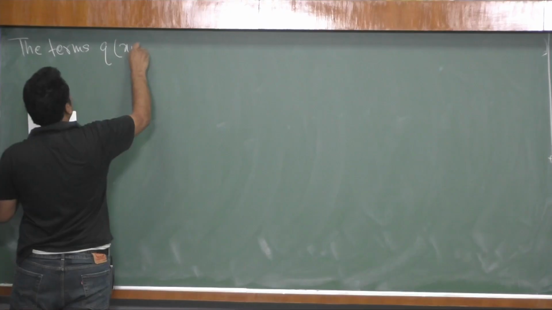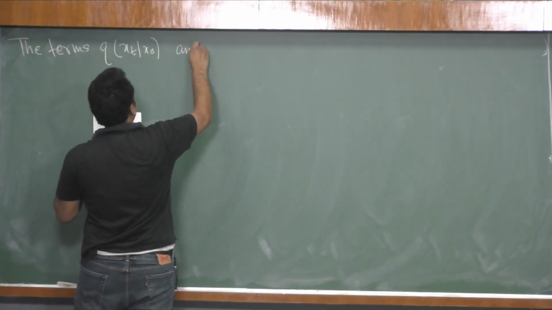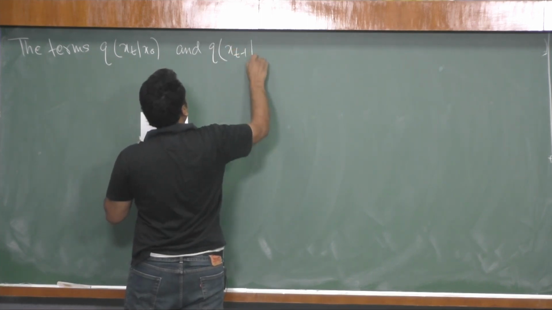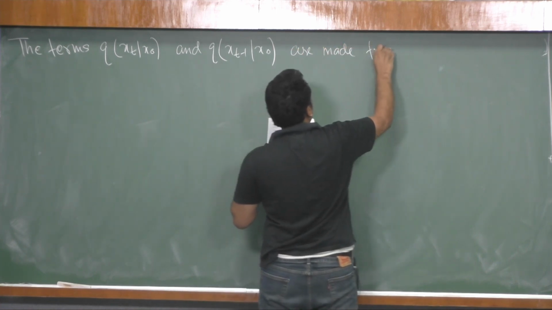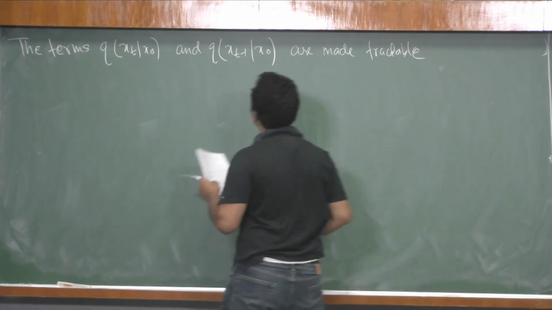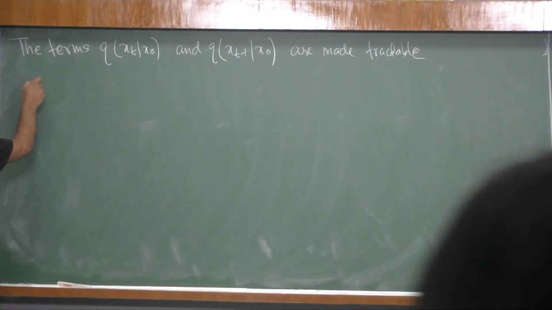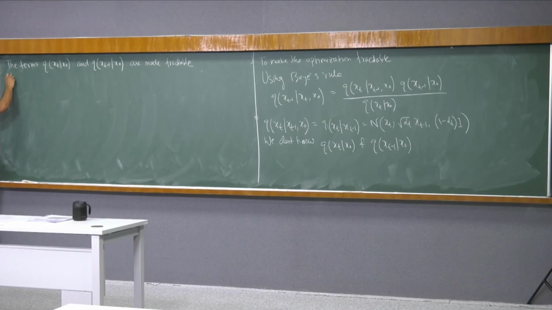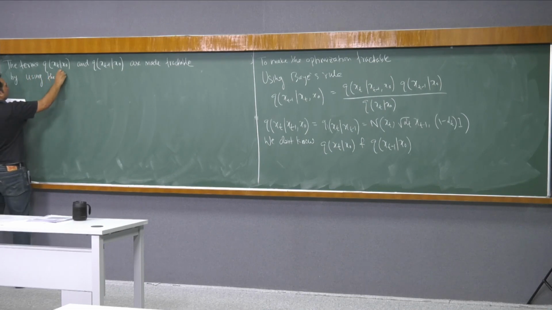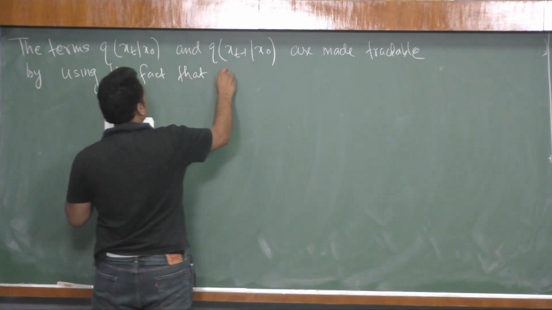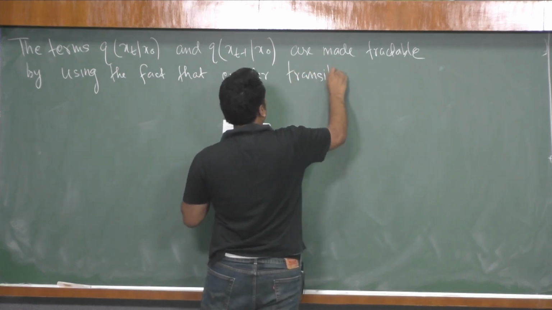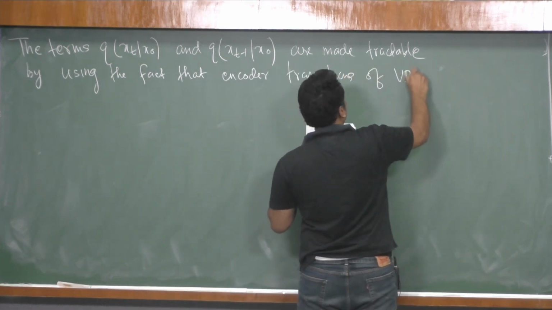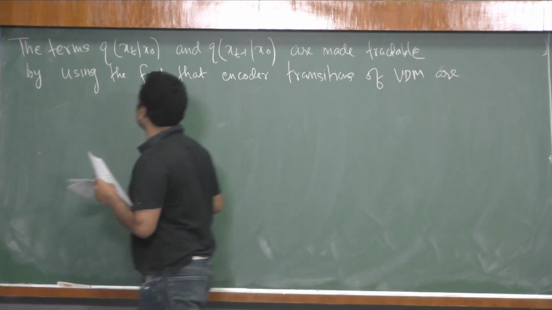The terms Q xt given x naught and Q xt minus 1 given x naught are made tractable by using the fact that encoder transitions of variational diffusion models are linear Gaussian models, okay.